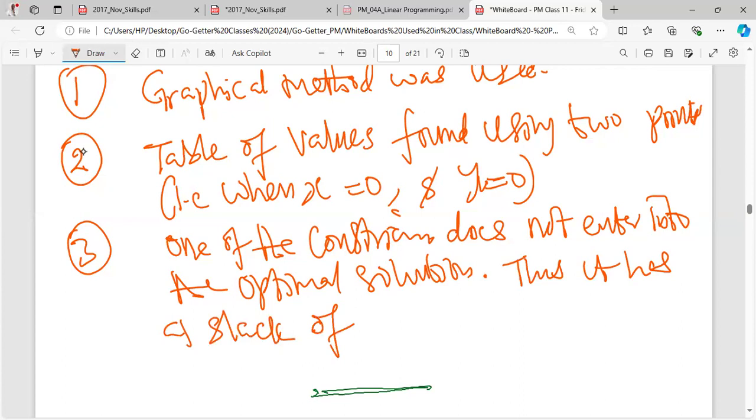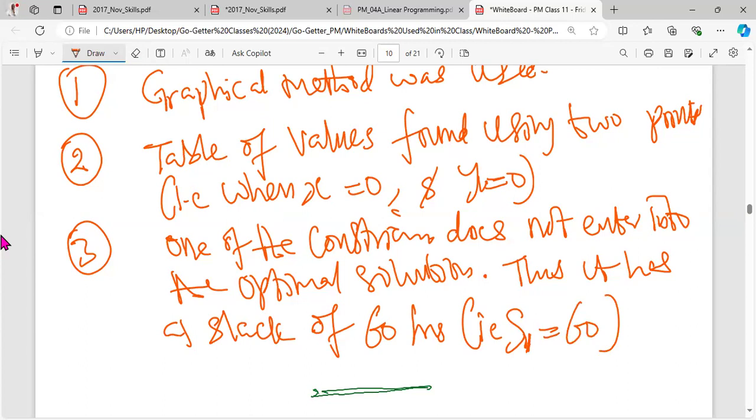I will say, is it M1 I will use? It's not M1 I will use. That is S1 equals 60. All right.